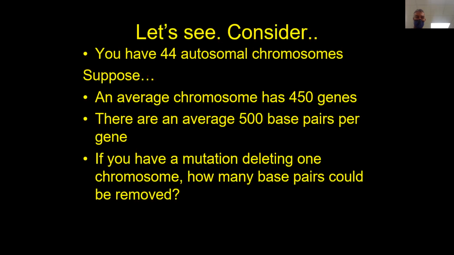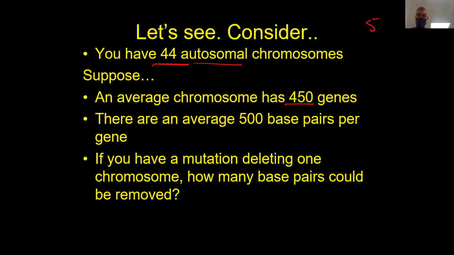So if I've got 44 chromosomes, this little prompt is really not asking about 44 of these autosomal chromosomes. They're just talking about one gene. So we've got 450 genes on a chromosome, right? And there are 500 base pairs per gene. Just hypothetical. This is not necessarily true, but we're just saying possibly.